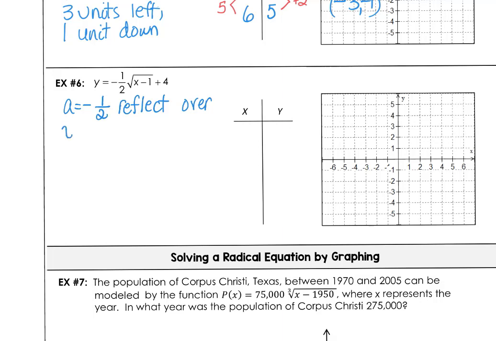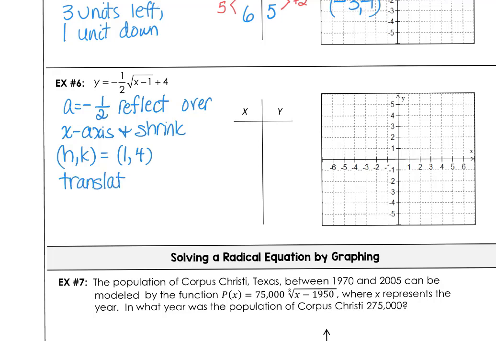So we're reflecting over the x-axis, and it's also a shrink factor. And then our H and K values are +1 and +4, which is a translation of 1 unit up and 4 units to the right.